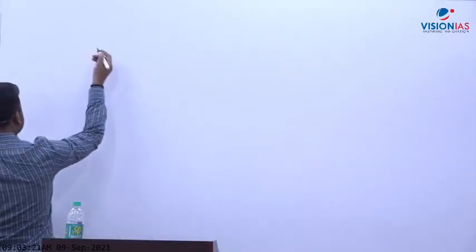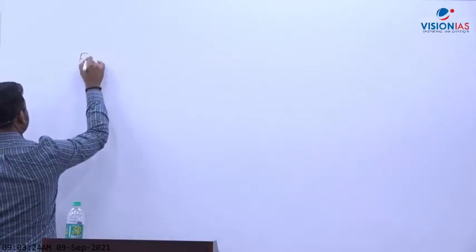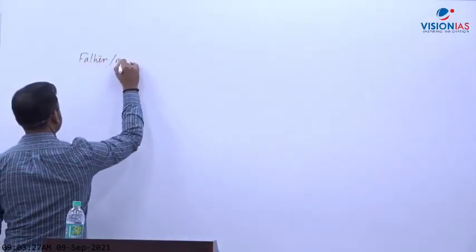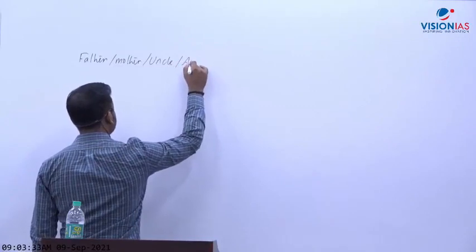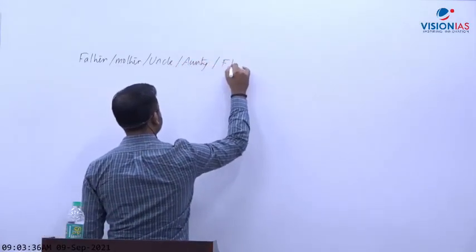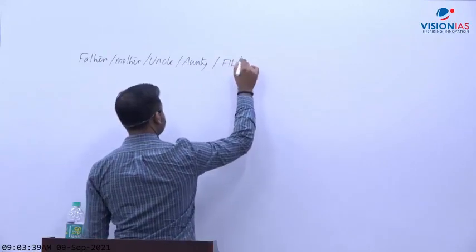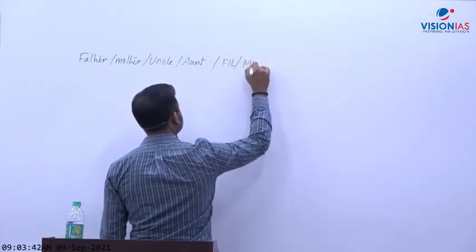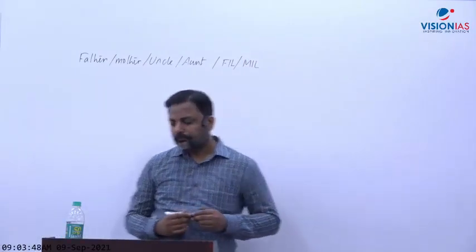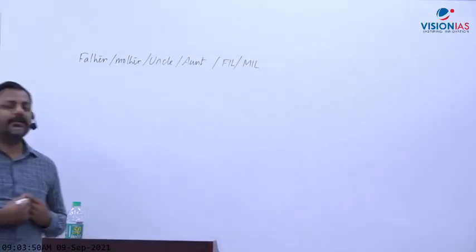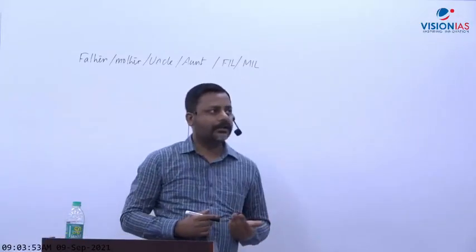For solving a question of blood relation, we need to make the family tree. So then let's see how to make a family tree. Whenever a relationship like father, mother, uncle, aunt, father-in-law, mother-in-law, these type of relations are given, see, these relatives are one generation senior from us.